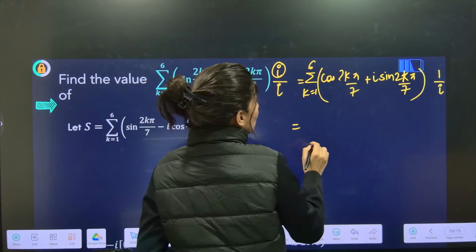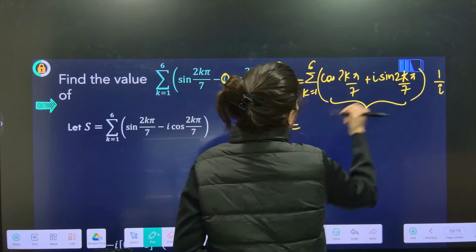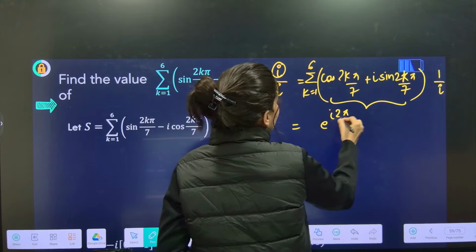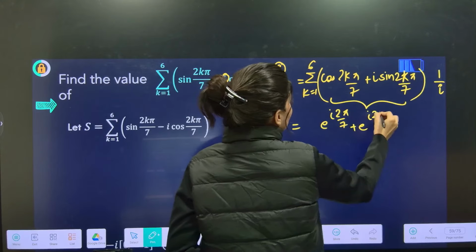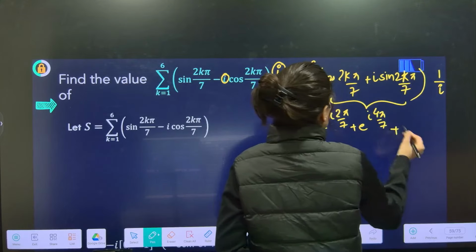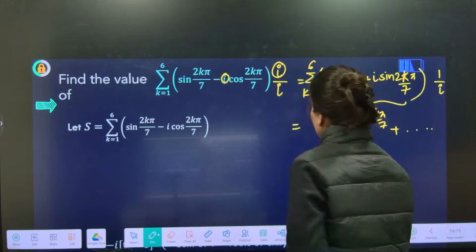Now, one more thing. What is this? This is e power iota 2k pi by 7. So for k equals 1, e power iota 2 pi by 7, plus e power iota 4 pi by 7, and so on.